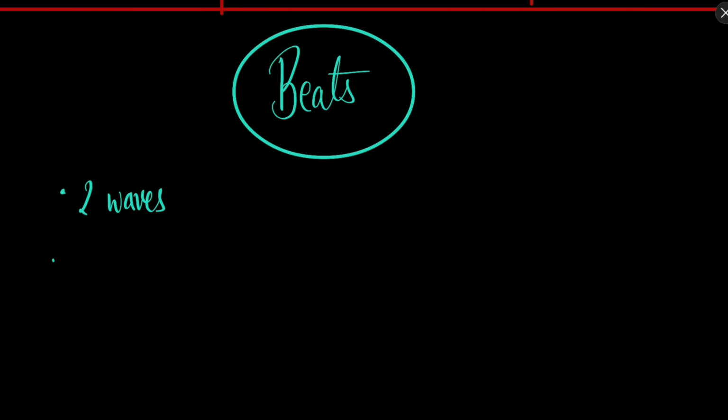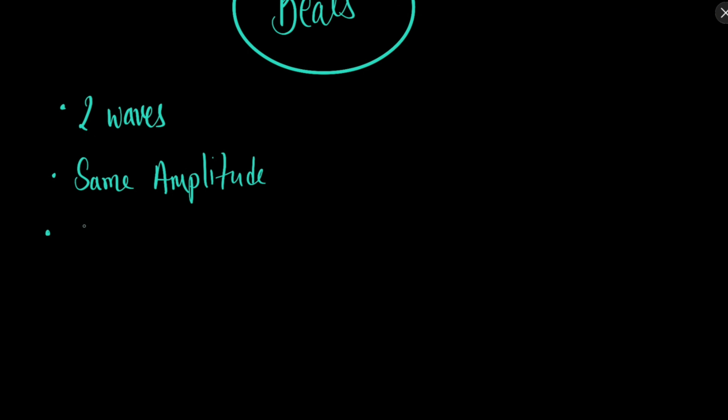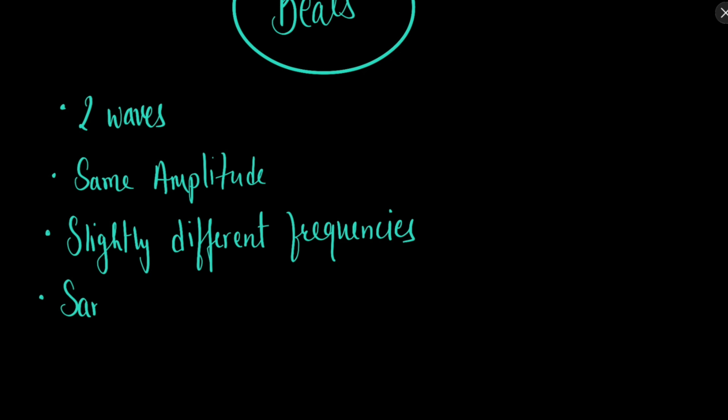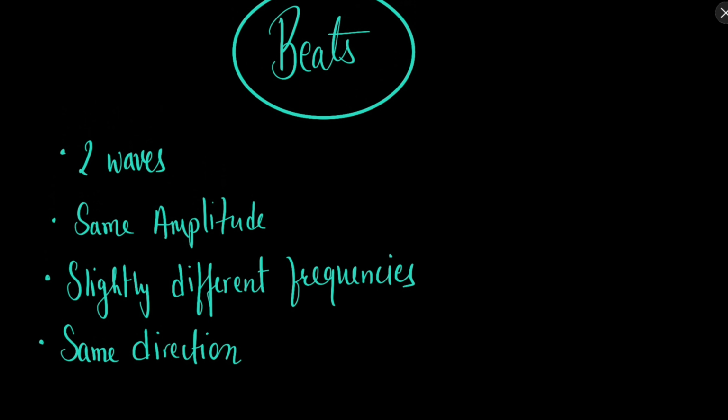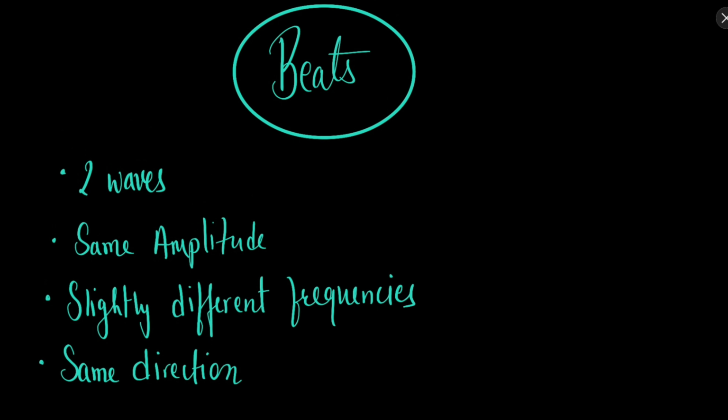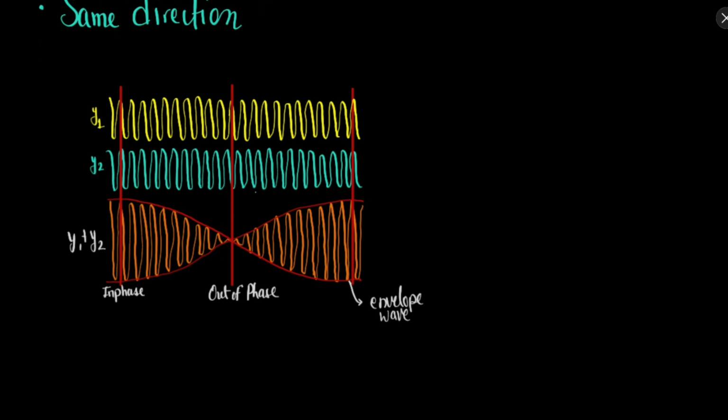So let's say we have two waves. Secondly, they have the same amplitude. Both the waves have similar amplitudes. Then they have slightly different frequencies and they will be traveling in the same direction. So these are the points that we need to keep in mind for now. So let's have these two waves.